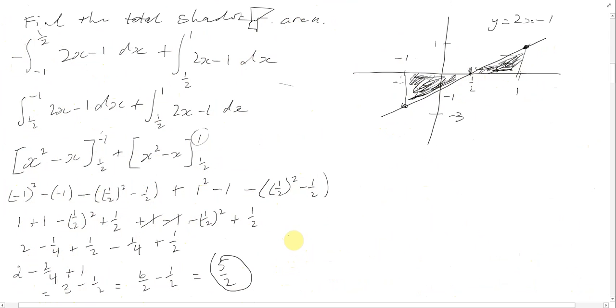Okay, I might do one last example, this one using some unfamiliar numbers. So let's see.